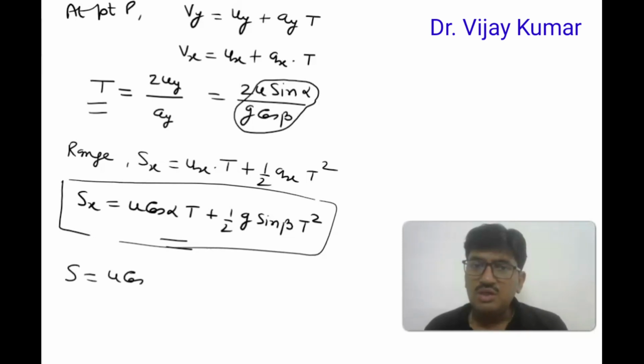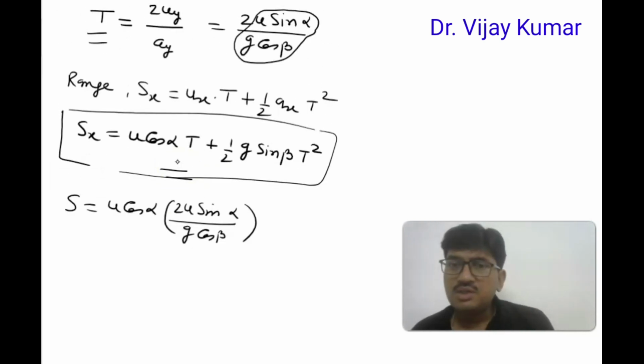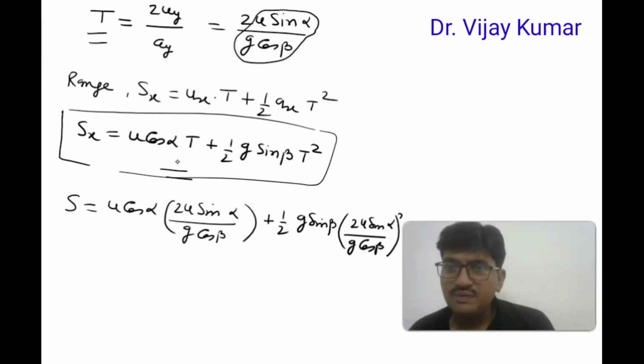So one form may be u cos alpha into 2u sin alpha upon g cos beta, plus half g sin beta into (2u sin alpha upon g cos beta) whole square.